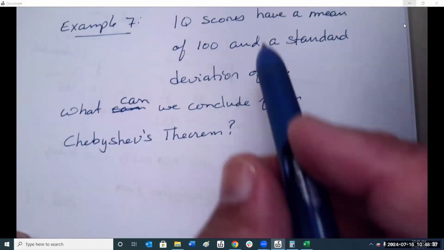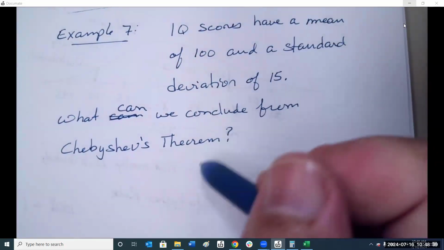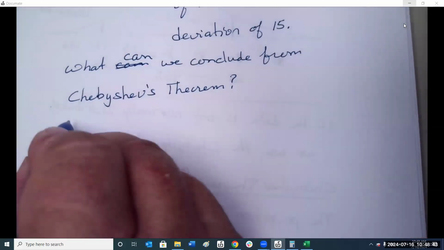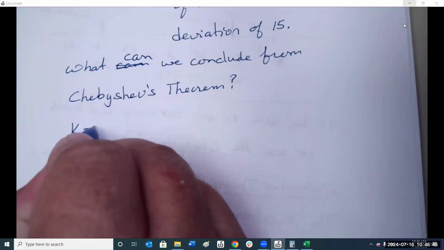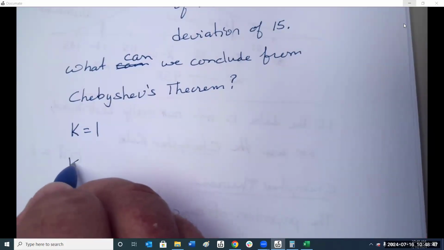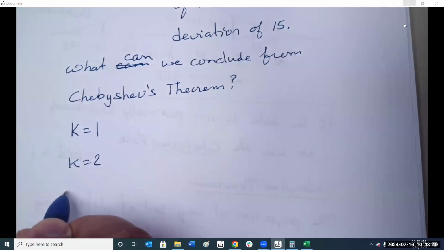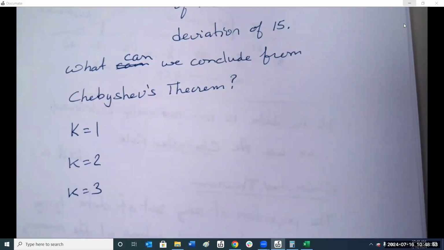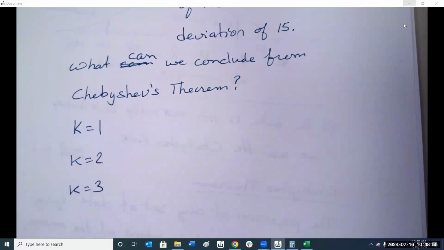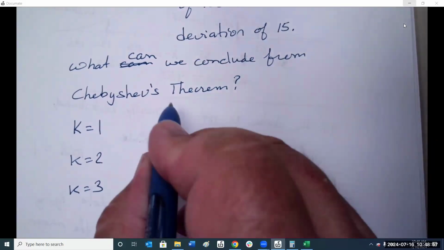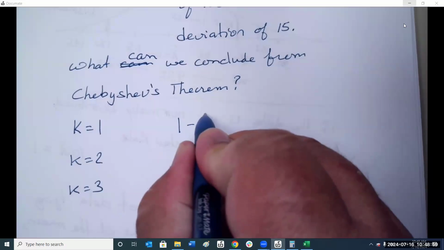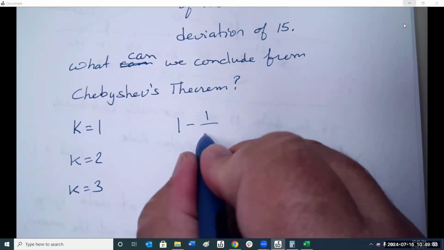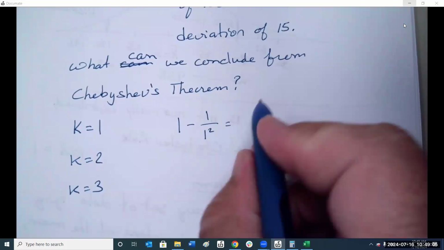So when k equals 1, k equals 2, and k equals 3.